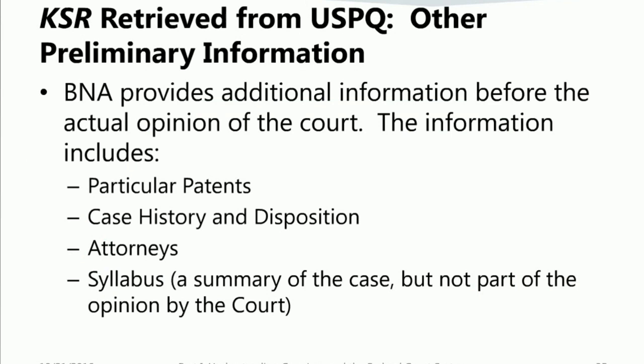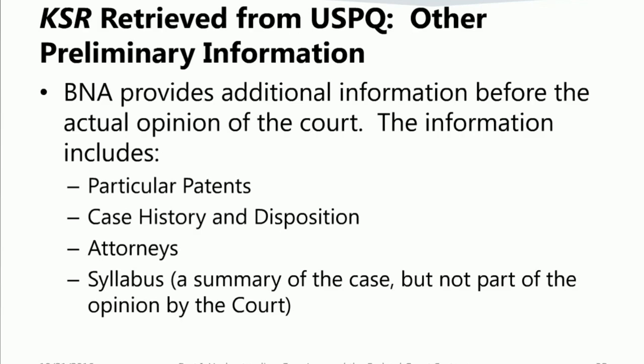Several other sections follow the headnotes but precede the actual decision of the court. These include sections about the patents involved in the case, the history and disposition of the case, and the names of the attorneys involved.